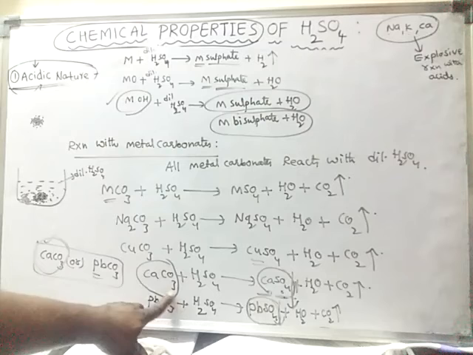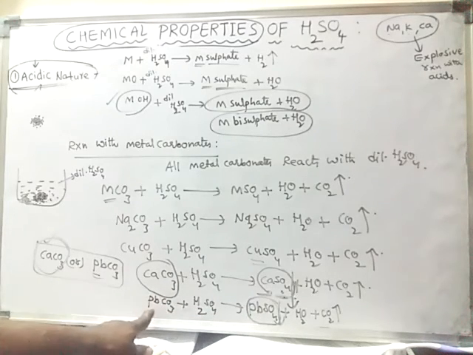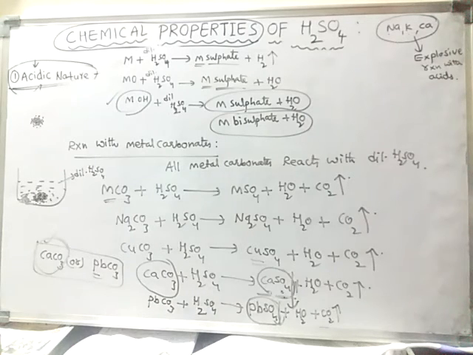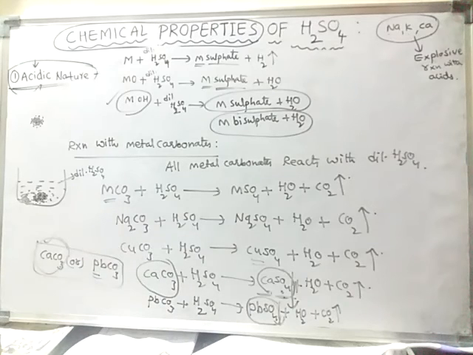So what happens? As the lead carbonate is covered by this substance, it is not available for the sulfuric acid to react. Hence the sulfuric acid cannot react with lead carbonate or calcium carbonate after a certain time, and the reaction will stop. So these two are exception cases.